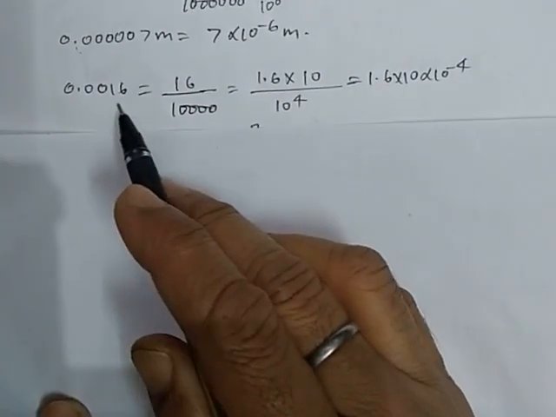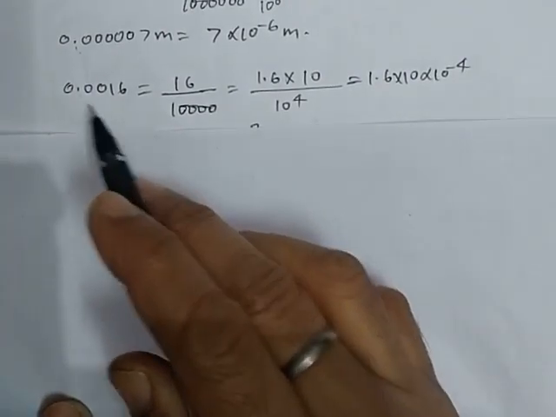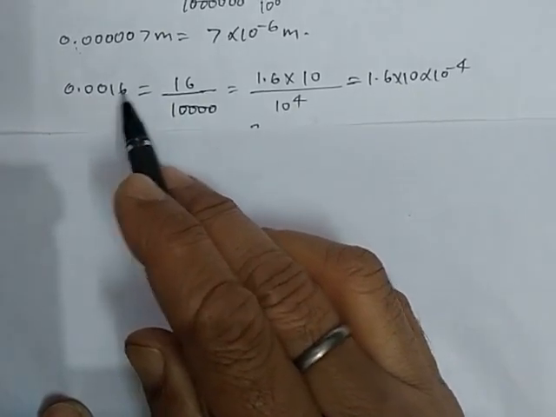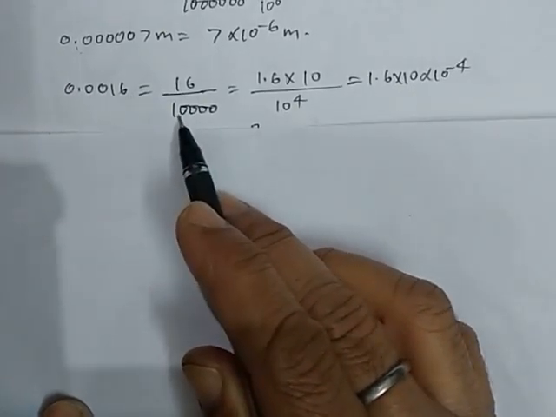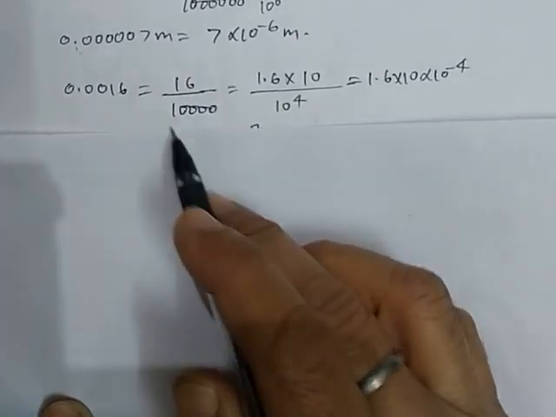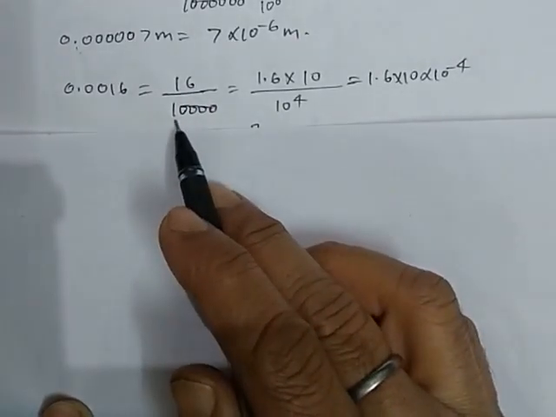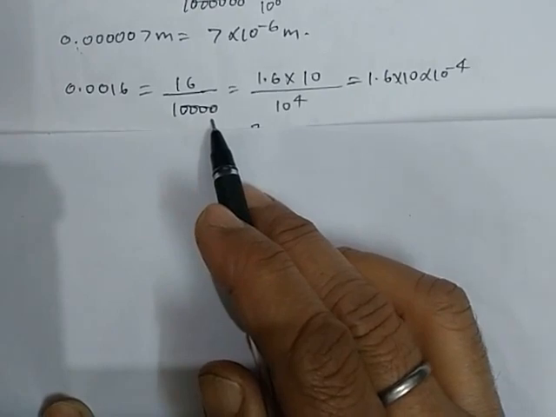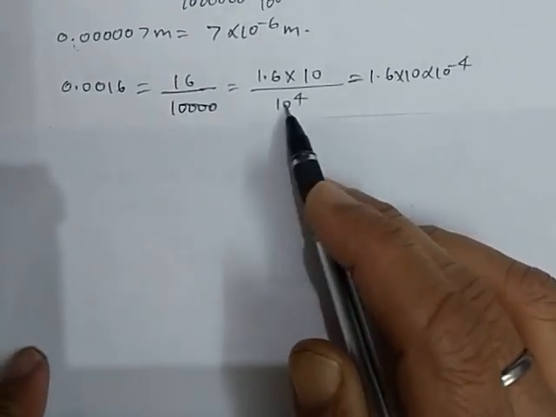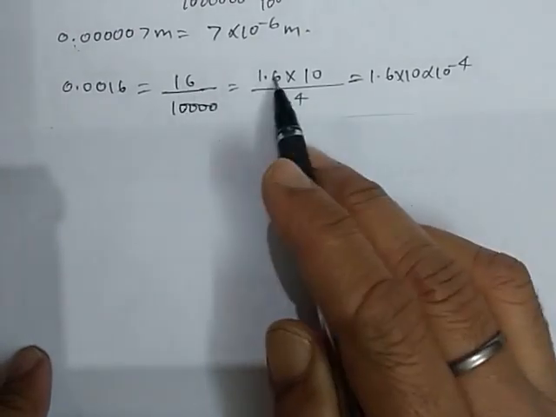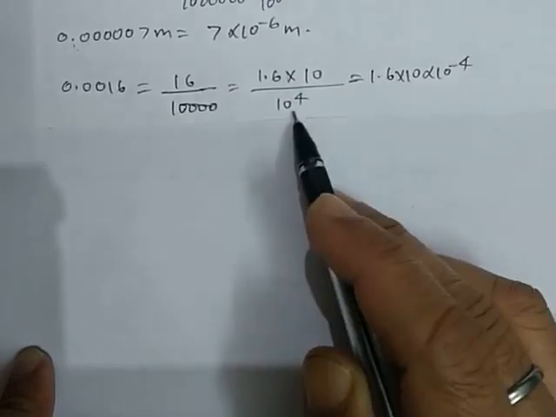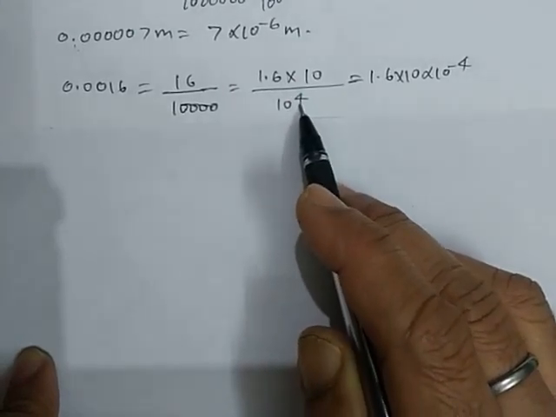Now 0.0016. First we remove the decimal. We count the digits 1, 2, 3, 4. So we put 4 zeros with 1 in the denominator. So this becomes 16 divided by 10,000. Now we convert this into exponent form. This 16 can be written as 1.6 into 10, and this 10,000 can be written as 10 raised to the power 4.